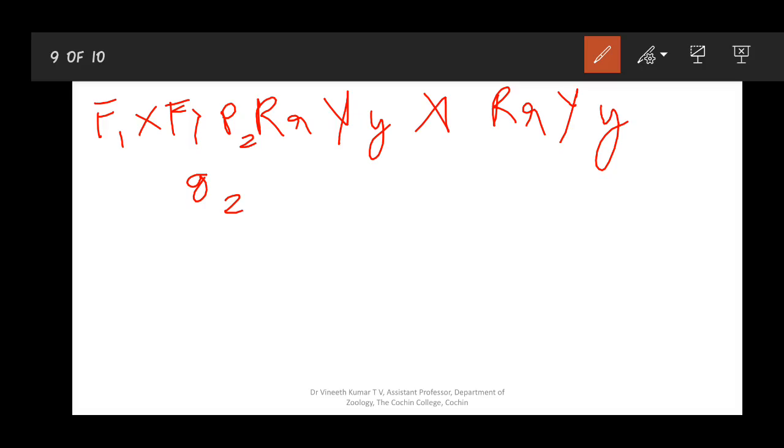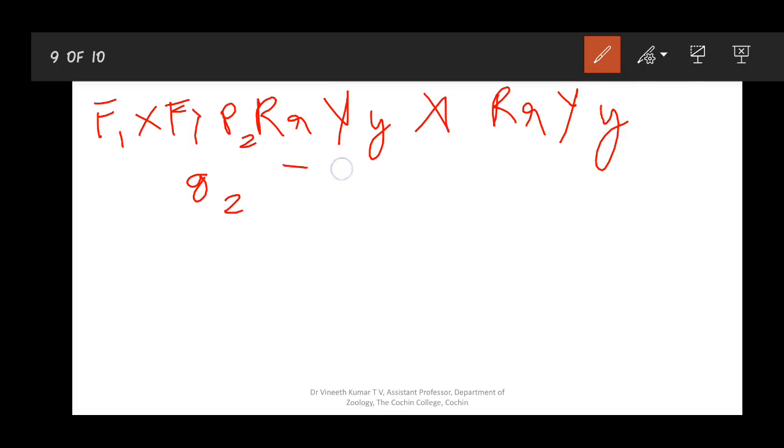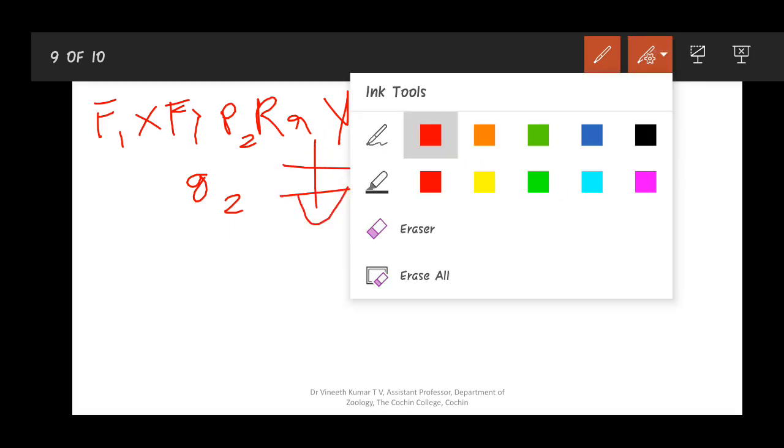So the same thing, we are going to take the meiosis, the same steps. I just need some space for writing because it will be more, so I'm cleaning this and we will start with one of the parents. So just remember, we are going to discuss this one and how this will be producing the gametes.